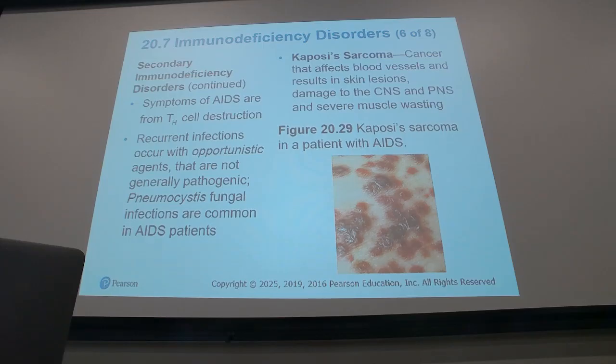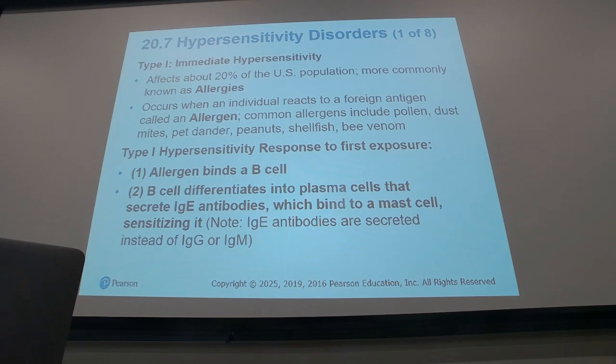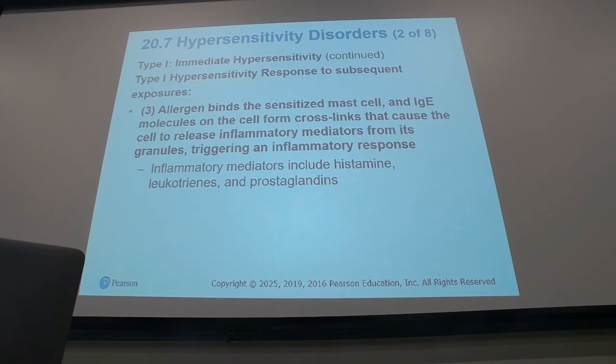So infections by pathogens that regularly do not infect people with immunocompetent reactions, or this can be rare cancer that happens in people with these reactions, like in this case, Kaposi sarcoma. It's cancer in the skin. And here is the type of hypersensitivity reaction that I told you about.